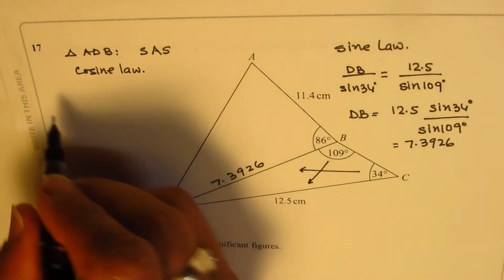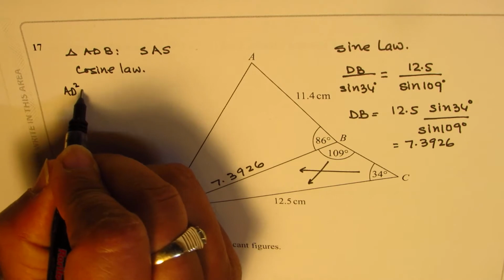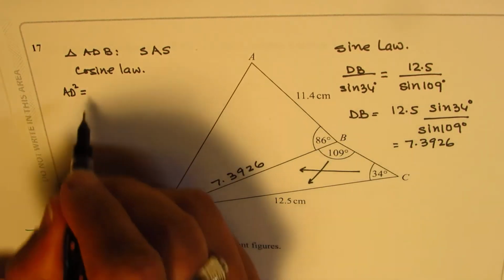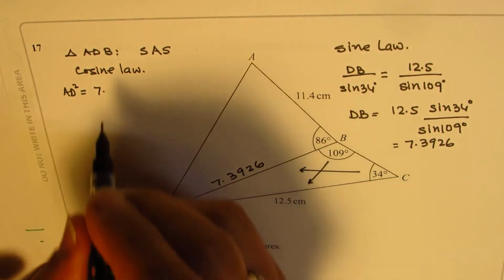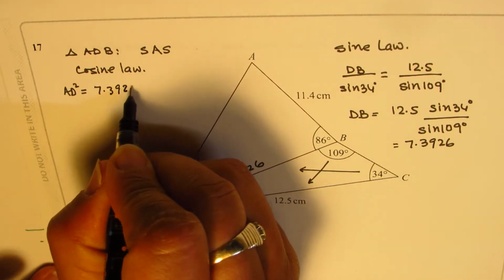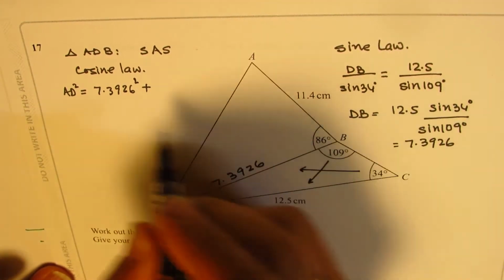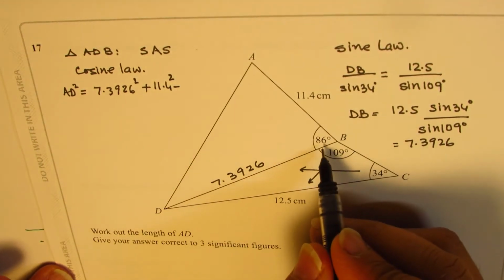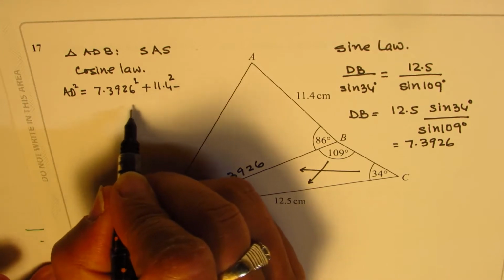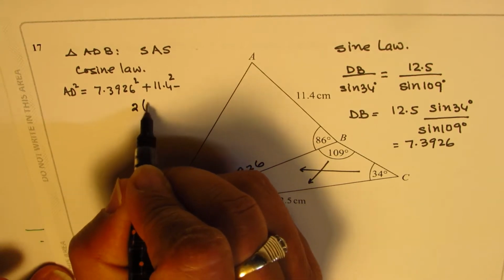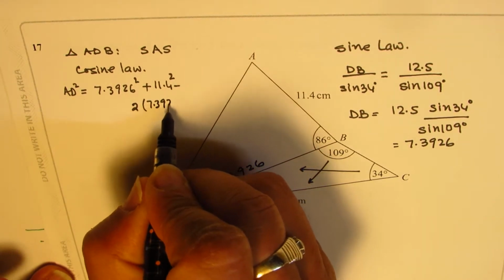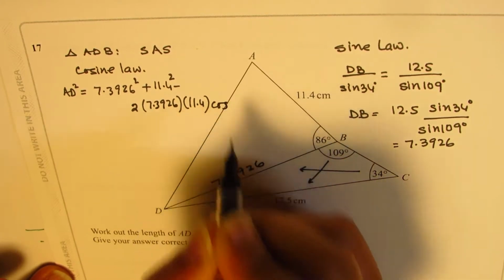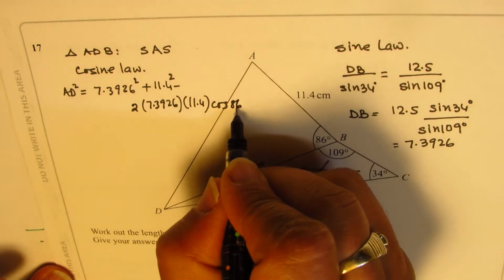So we can say AD square is equal to the sum of these two squares, which is 7.3926 square plus 11.4 square minus 2ab cos of 86, that is, 2 times 7.3926 times 11.4 times cos of 86 degrees.